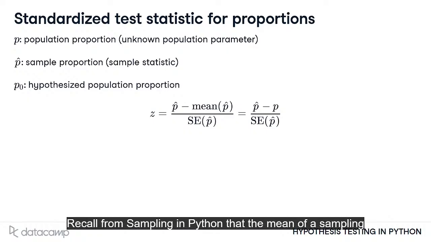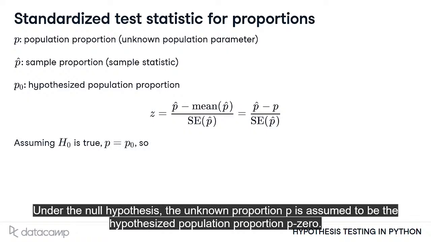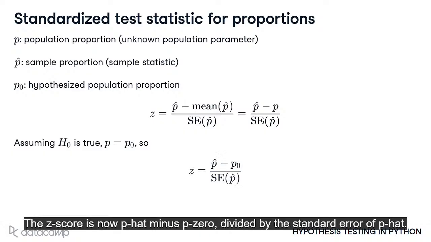Recall from sampling in Python that the mean of a sampling distribution of sample proportions, denoted p hat, is p, the population proportion. Under the null hypothesis, the unknown proportion p is assumed to be the hypothesized population proportion, p0. The z-score is now p hat minus p0 divided by the standard error of p hat.